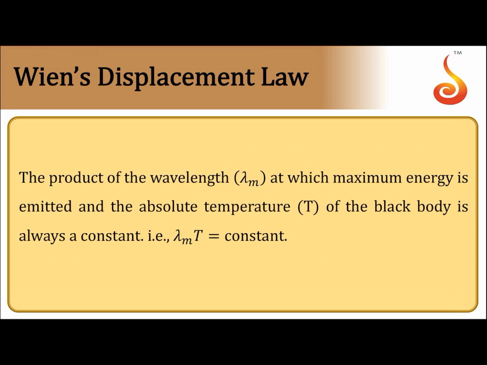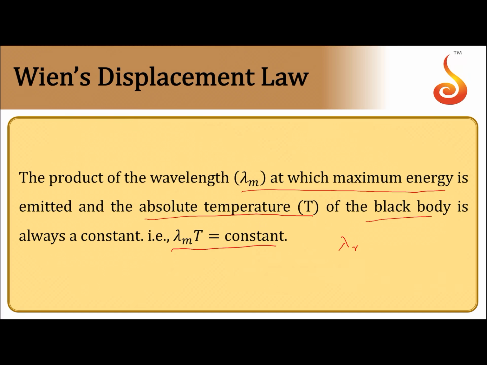So coming to Wien's displacement law. According to Wien's displacement law, the wavelength corresponding to maximum intensity is inversely proportional to the absolute temperature of the black body, or lambda m into T is equal to constant.